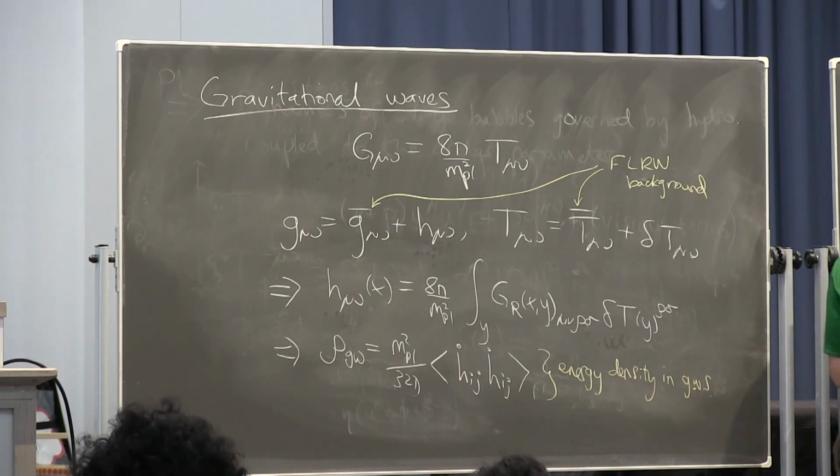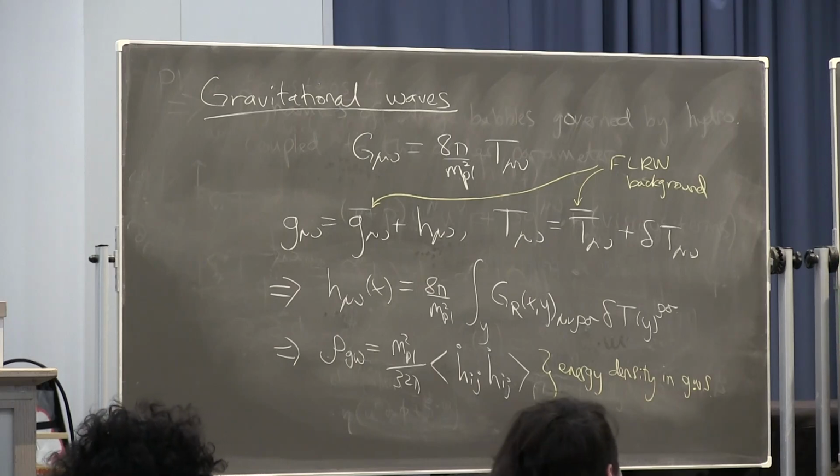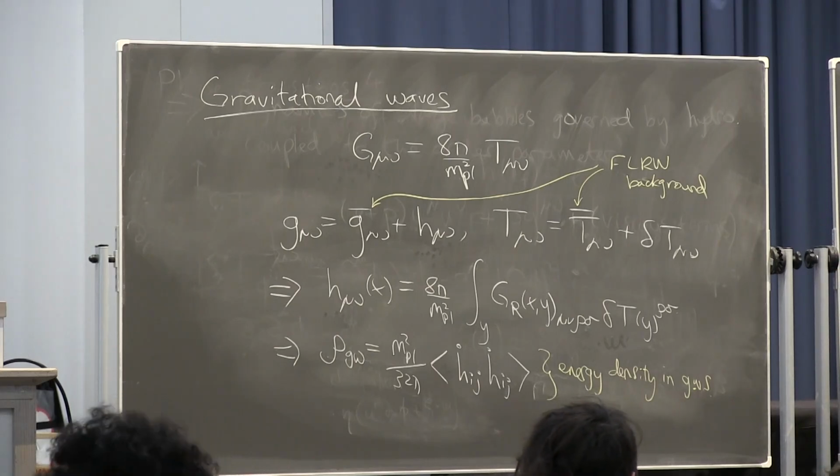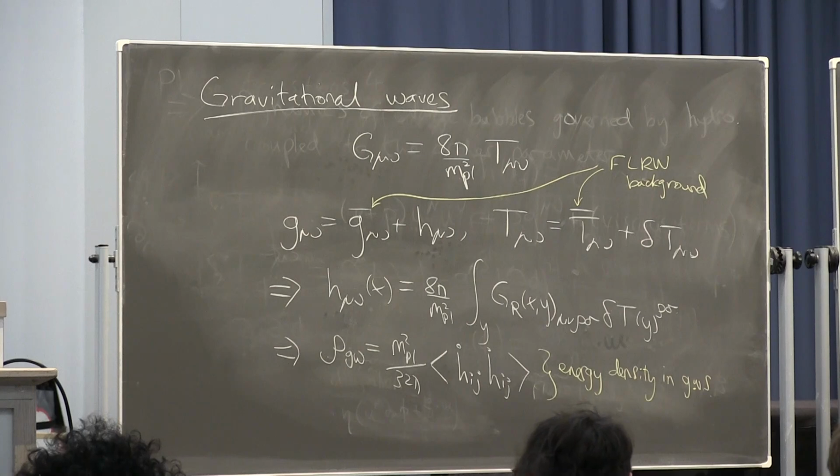And typically what people quote is omega GW, which is the energy density in gravitational waves divided by the total energy density from our background.